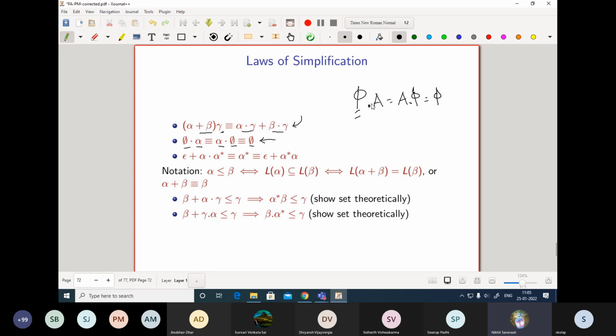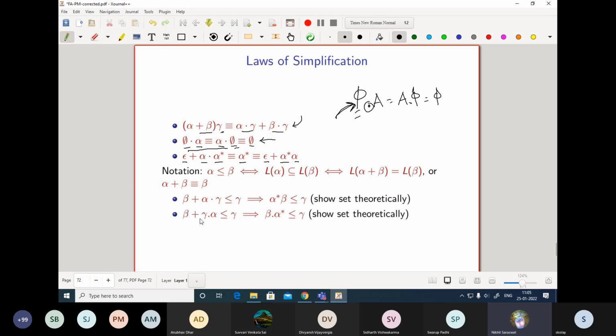Null acts as an annihilator for this operator. So please check whether the corresponding languages follow this rule. Then epsilon plus alpha concatenated with alpha star is equivalent to alpha star, equivalent to epsilon plus alpha star concatenated with alpha. Again, check the corresponding languages.